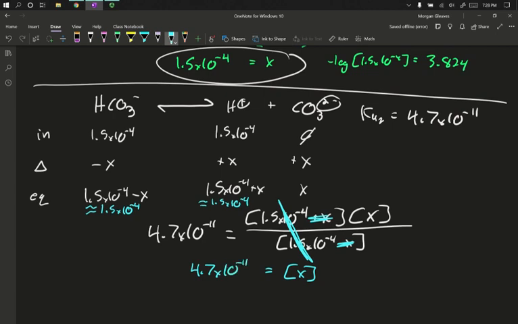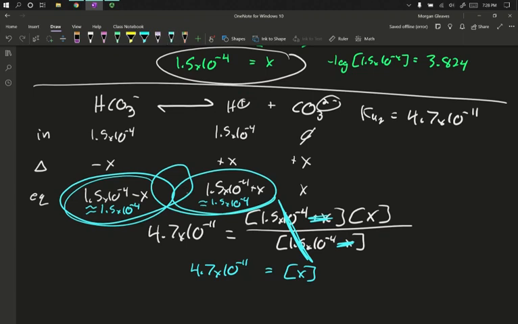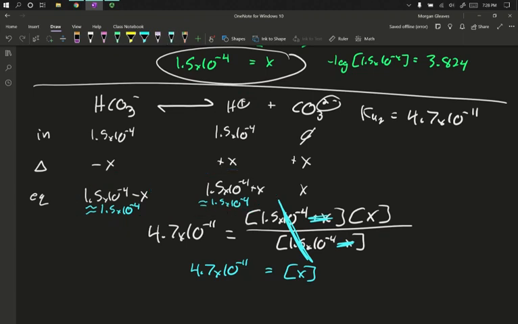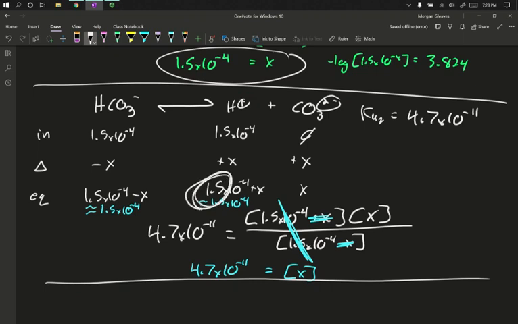Just the tiniest bit of our bicarbonate will actually separate into H plus and carbonate. Way less than the 10 to the minus 4 that we already had going on. As a result, the second step contributes effectively 0 H plus. Yes, there is technically a little bit, but that's way below the 2 decimal places we have in our value up here.